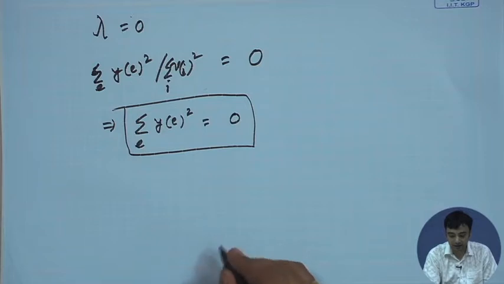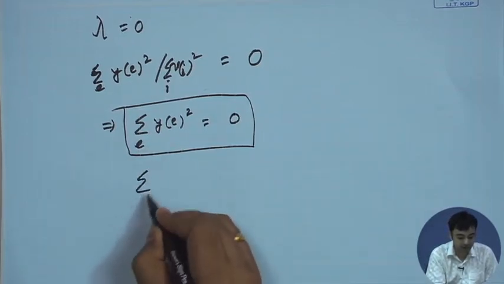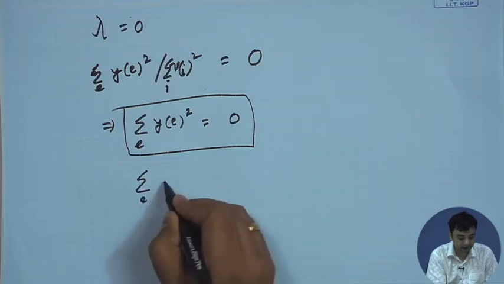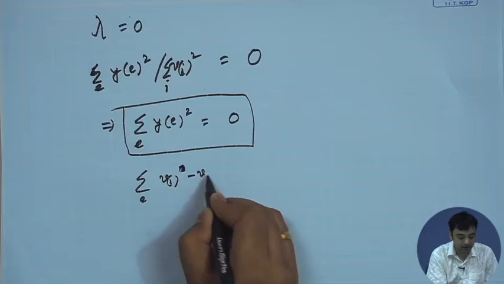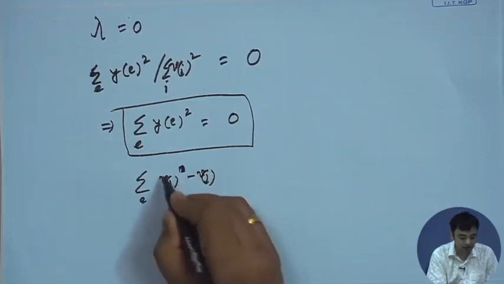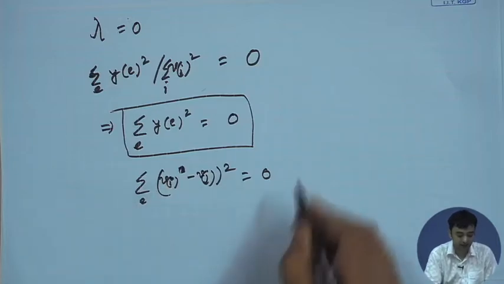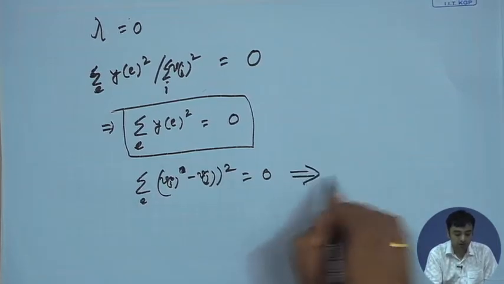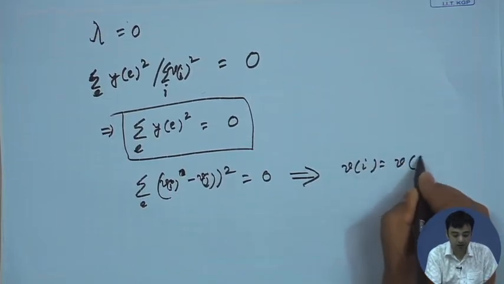Now, this means that (Vi minus Vj) whole square is equal to 0. That is what we have seen last day. So, this will tell you that Vi is equal to Vj.